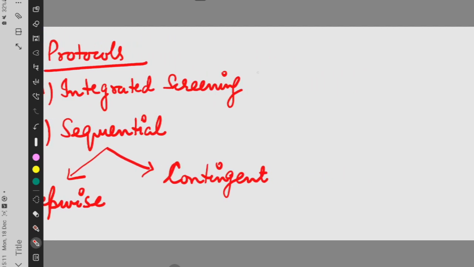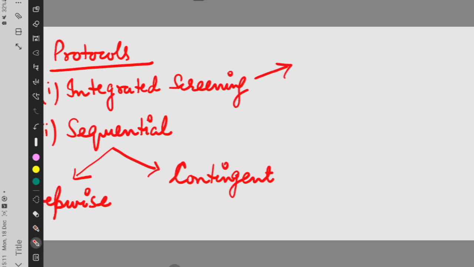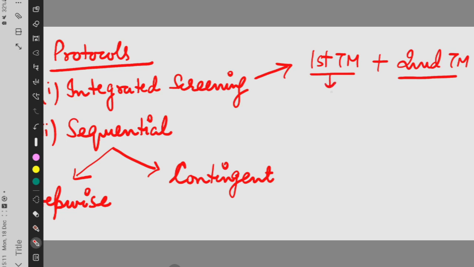In integrated screening, if you follow this protocol, then every patient should undergo a first trimester screening for aneuploidy as well as second trimester screening for aneuploidy. After the first trimester screening has been done, we will not disclose the report to the patient.